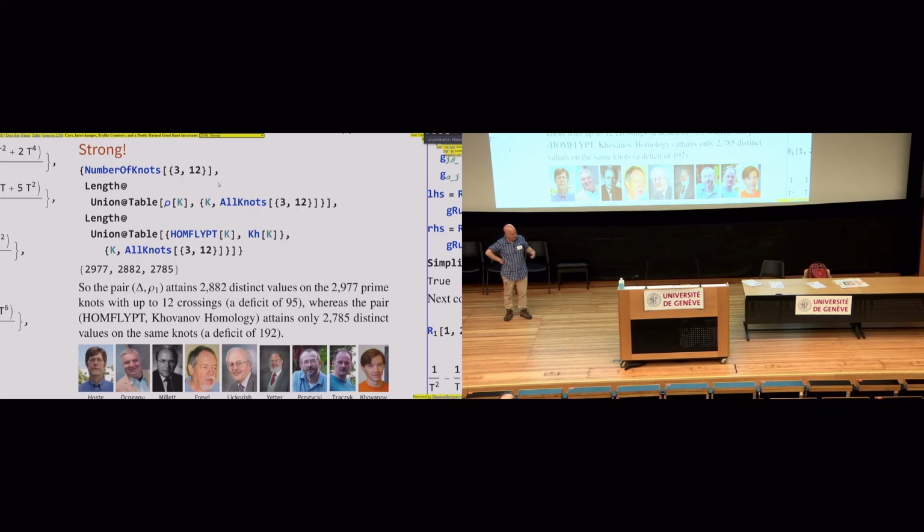So rho 1 does not detect mutation, and neither would rho 2 or rho 3 or rho k in general. However, rho k should have a cousin if you start with SL3. And it should still be polynomial time to compute. And then that one should detect mutation.